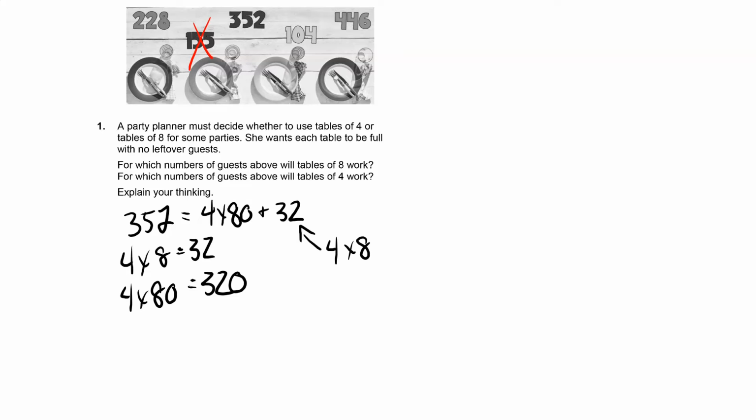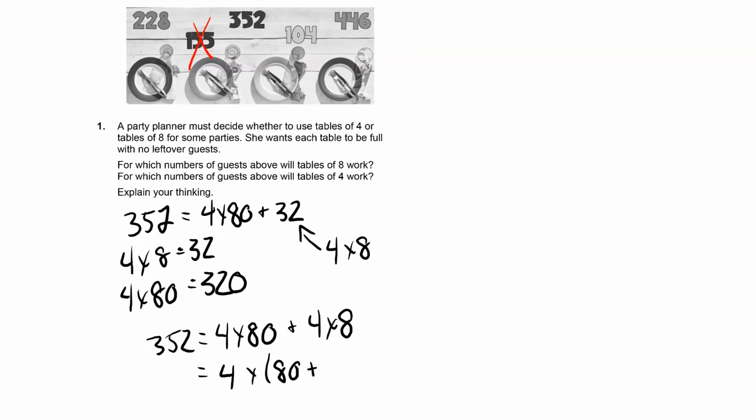So it's just like in the last question where we had 352 is equal to 4 times 80 plus 4 times 8, which can be written as 4 times 80 plus 8, which is 4 times 88. So very clearly, 4 times 88 means that yes, 352 is divisible by 4.